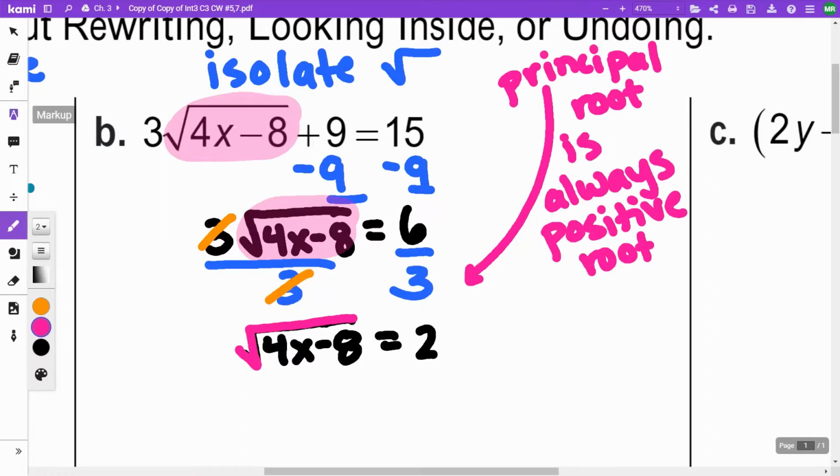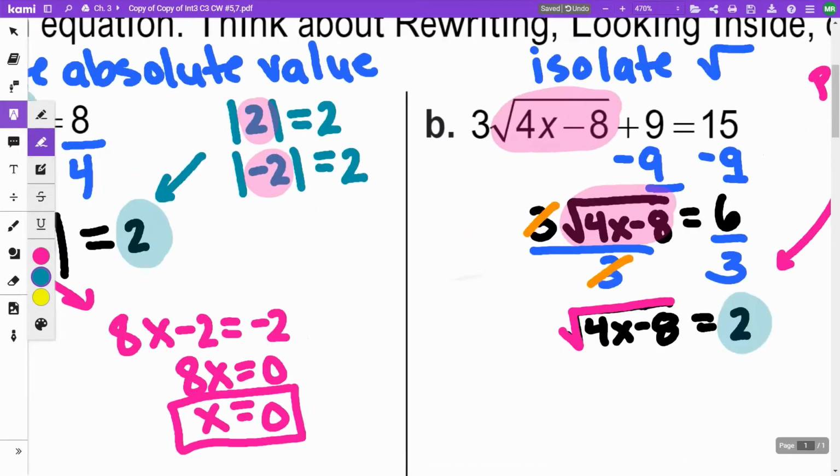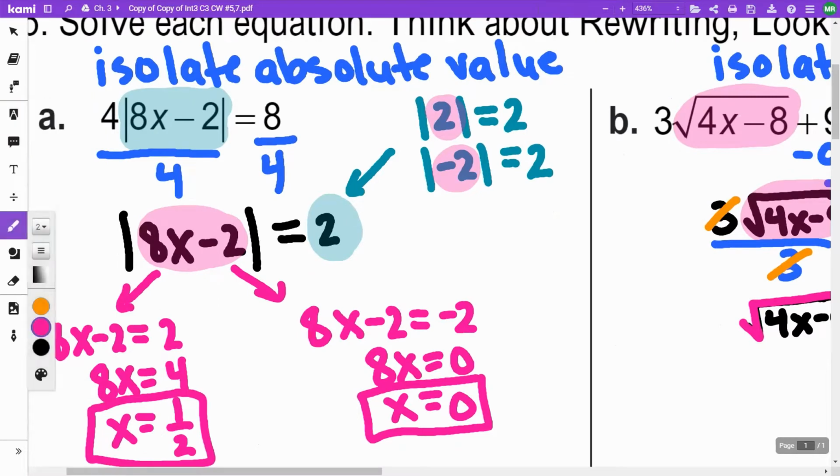So at this point, I would always want to make sure that this number here is a positive. If it wasn't, I would have no solution. Similar idea would have happened over here. When I take the absolute value of the quantity 8x minus 2, this number here has to be positive.